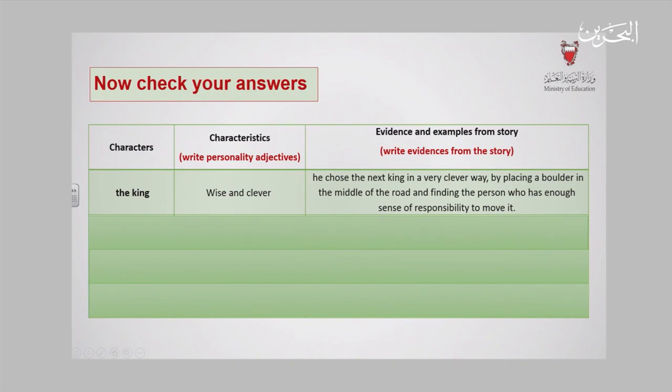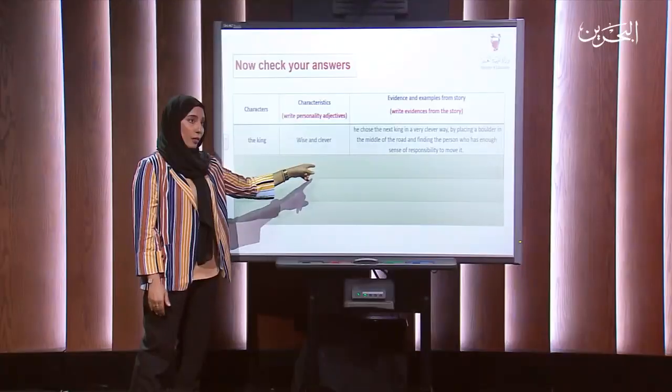So the direct characteristic mentioned was that he chose the next king in a very clever way, whereas wise was shown by creating the conflict. So he created a problem, and whoever is going to solve that problem, he or she will be the king. So he chose wisely. Based on that, the characteristics were wise and clever.